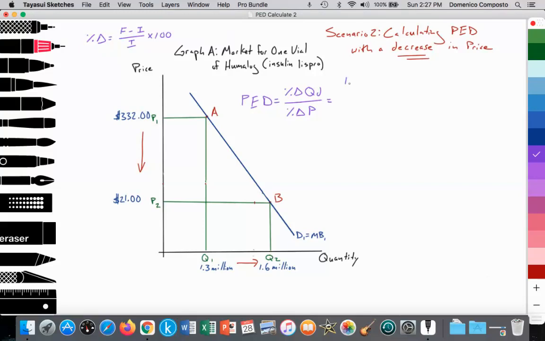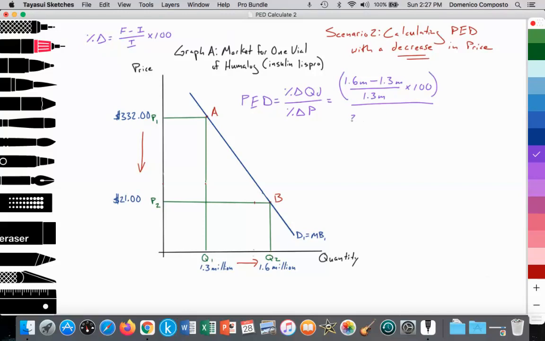And that would be 1.6 M for million minus 1.3 M for million divided by 1.3 M for million, that multiplied by 100. And that entire value would be divided by the change in the price, the final price being $21, the initial $332.